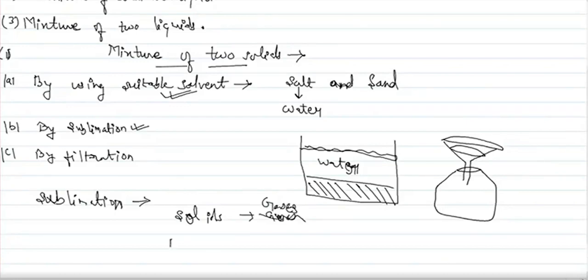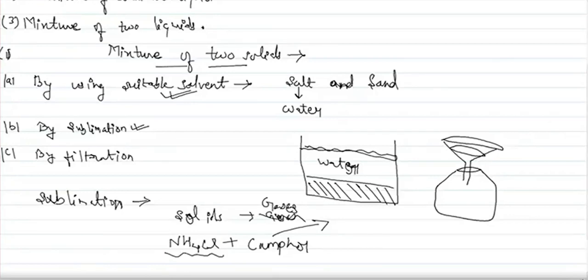If I am taking ammonium chloride, NH4Cl, mixed with iodine or, say, camphor, then on heating this mixture, what will happen? The camphor will sublimate, and the thing left out there will be pure NH4Cl.